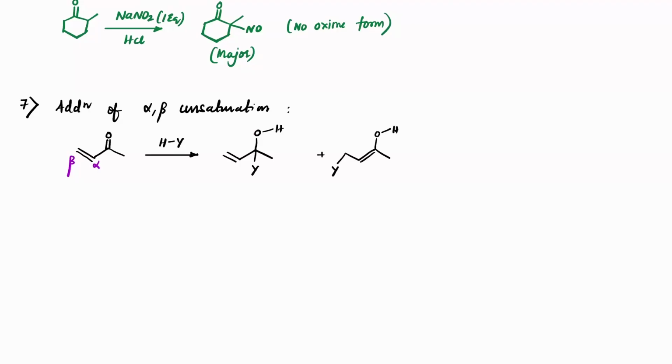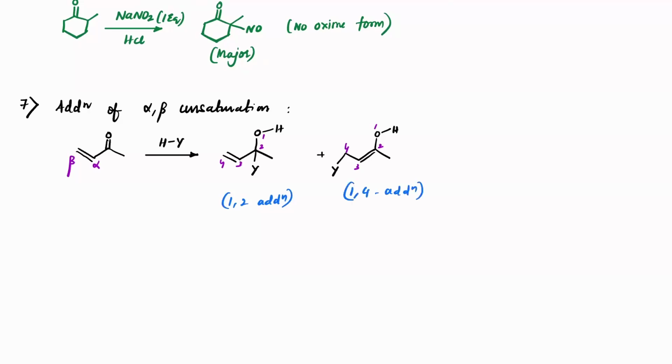See the numbering: this is 1, 2, 3, and 4. The first type of addition is called 1-2 addition because it is added on the 1 and 2 positions, while this is 1-4 addition.